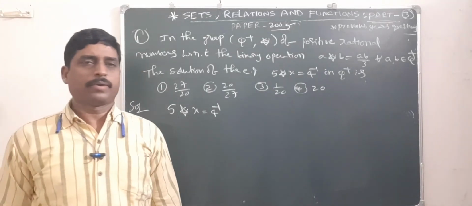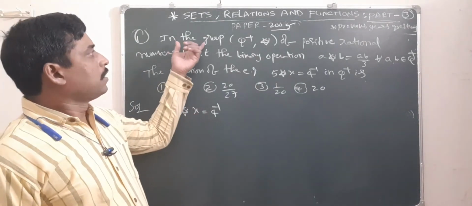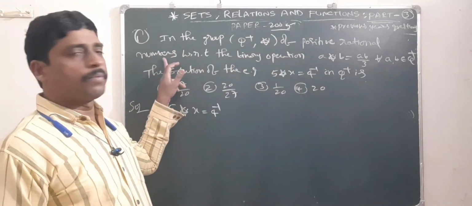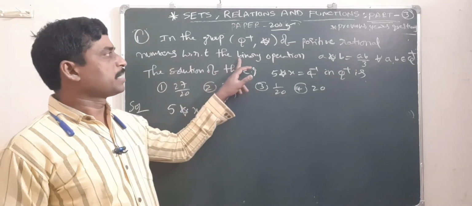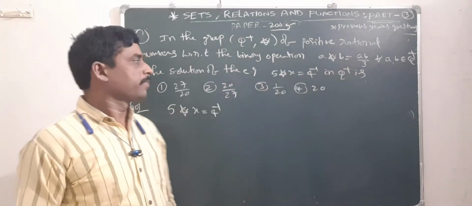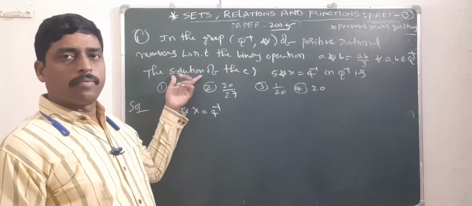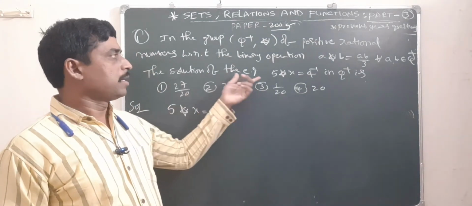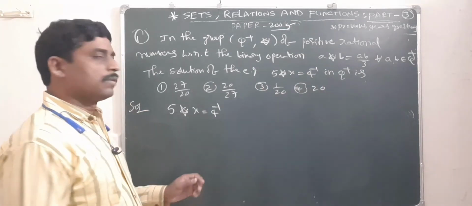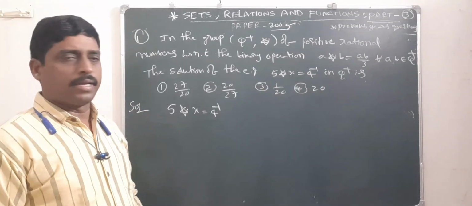Let us go to the next problem. In the group Q plus, star, of positive rational numbers with respect to the binary operation a star b equal to ab by 3, now what is our target? The solution of this equation 5 star x is equal to 4 inverse. First, we have to find the identity element.